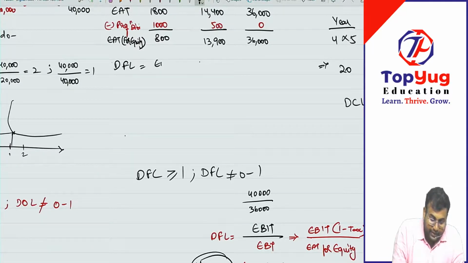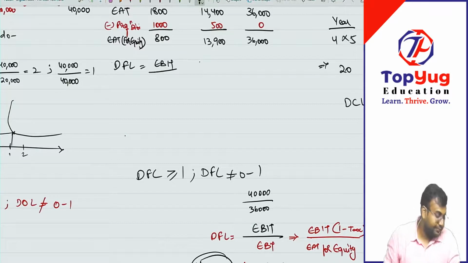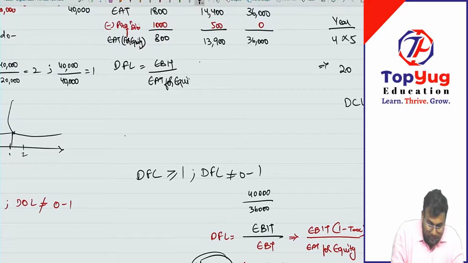DFL, that is EBIT divided by, into 1 minus tax.